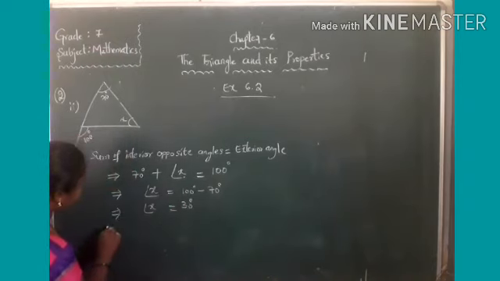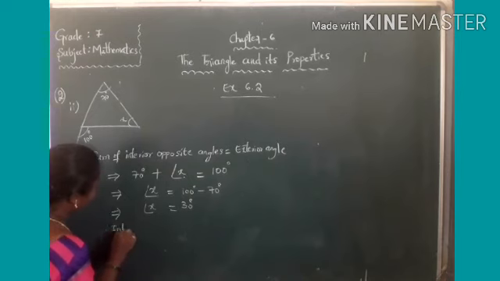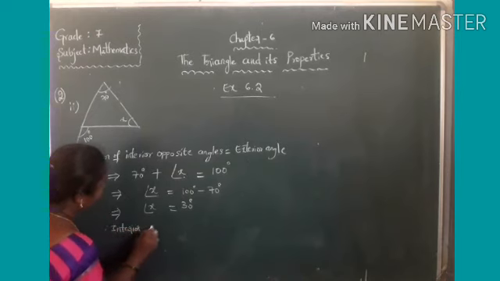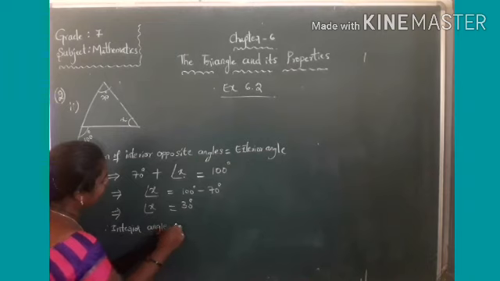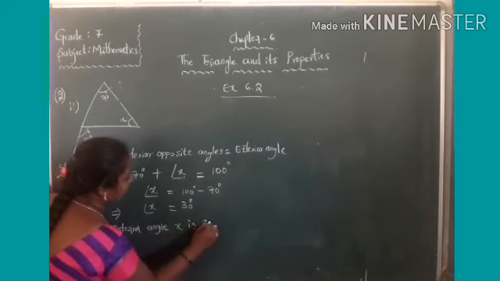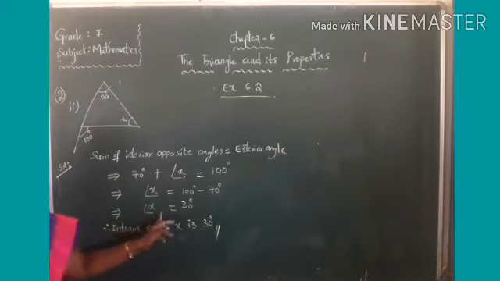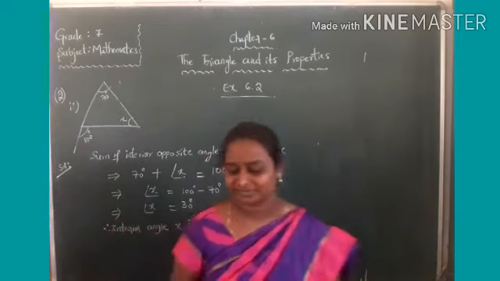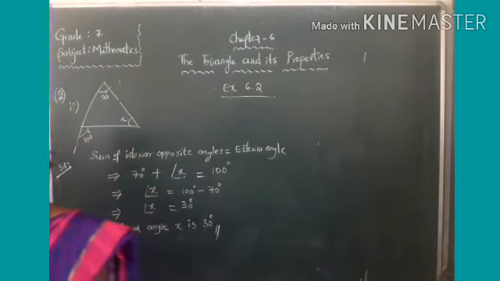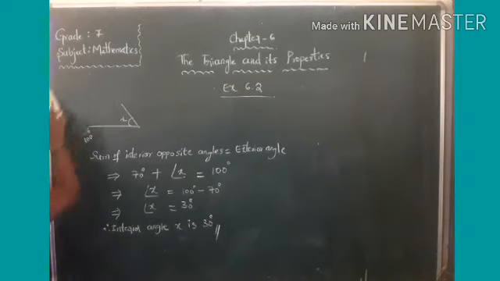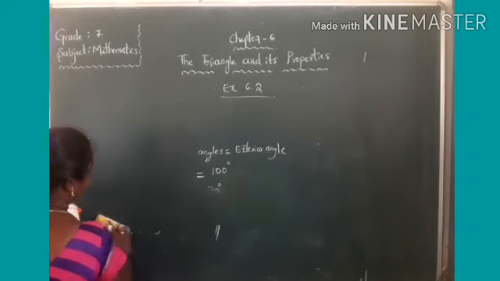So the interior angle x is 30 degrees. Therefore the interior angle x is 30 degrees. Very easy, right? You are enjoying these problems, right?